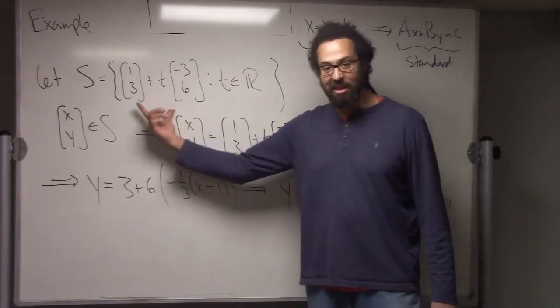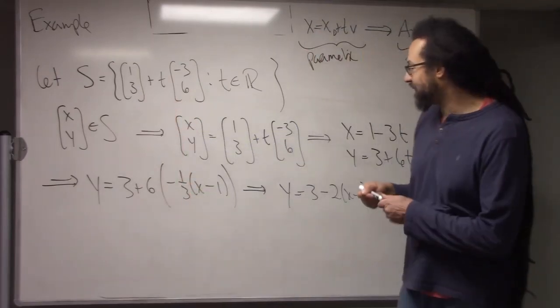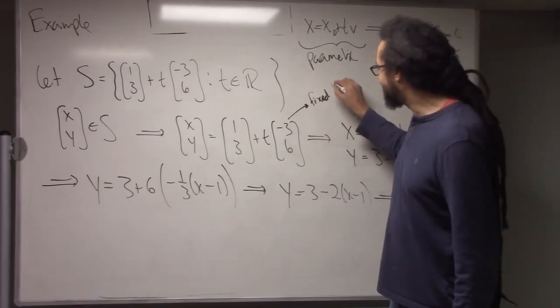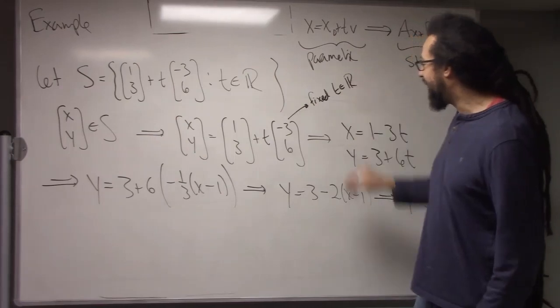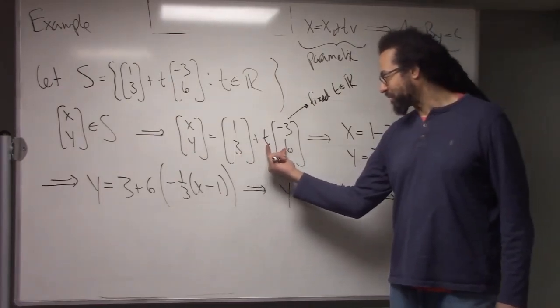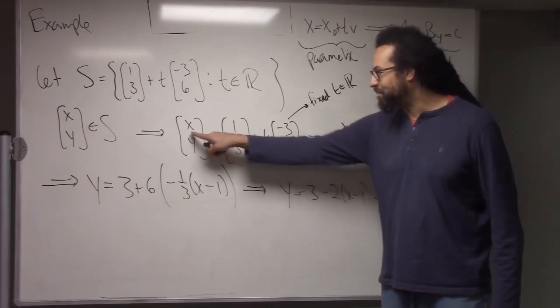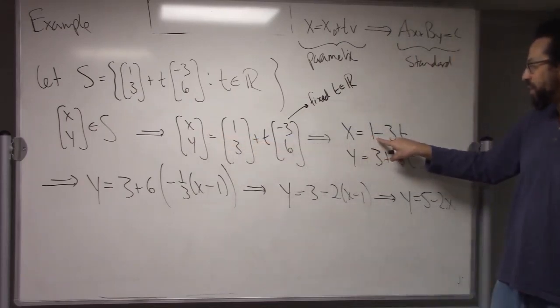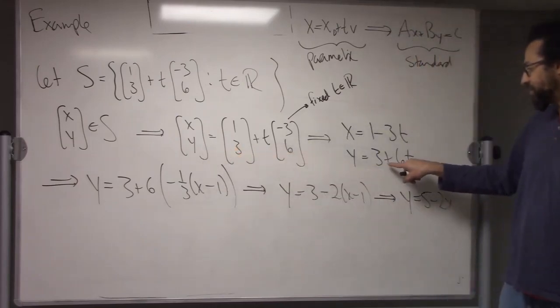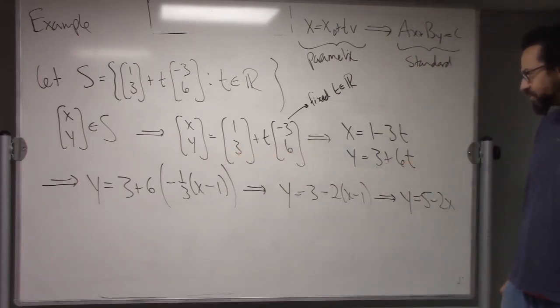Those are the things that live in here. And this is for some fixed t. So now if you scalar multiply and add, that means that x is equal to 1 minus 3t, and y is equal to 3 plus 6t.